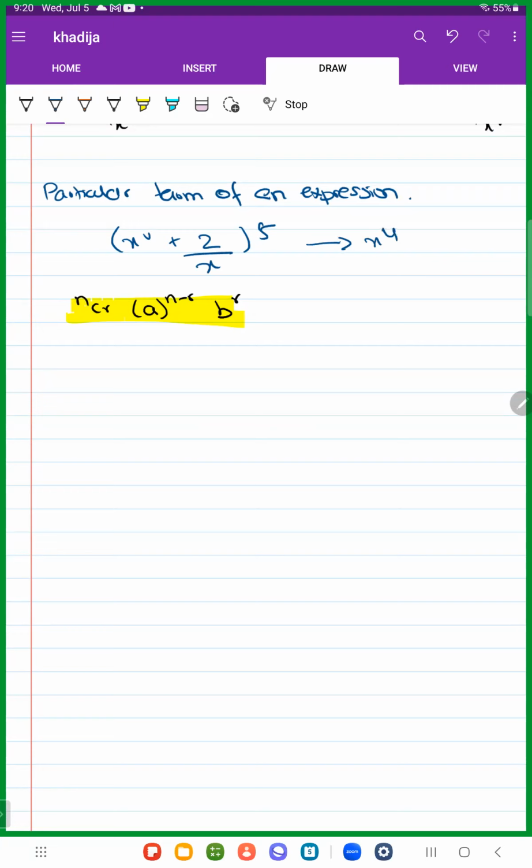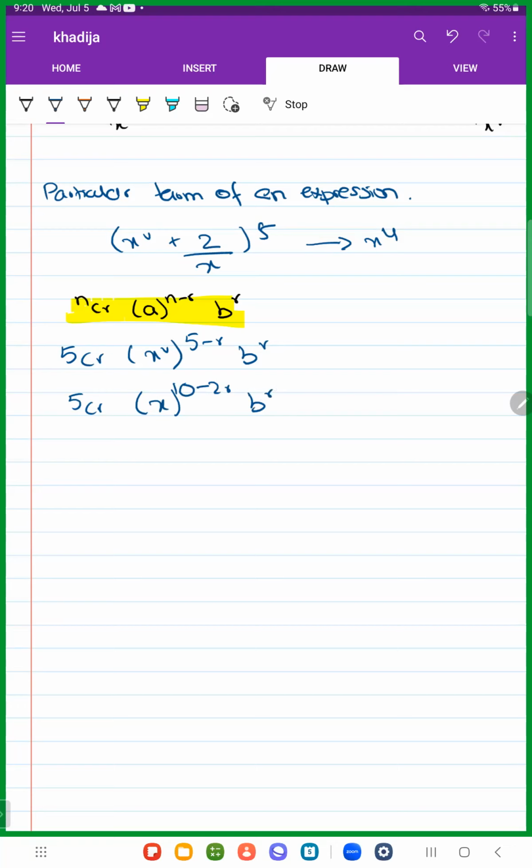So I have 5Cr a, which is x squared to the power 5 minus r, b to the power r. And I need a power of 4. So now I'll make an expression out of it. So it's 5Cr x to the power 2 times 5, which is 10, minus 2r, and b to the power r.